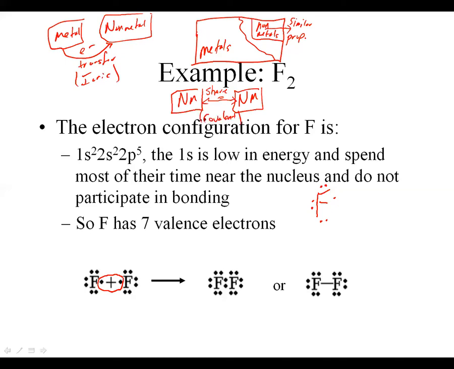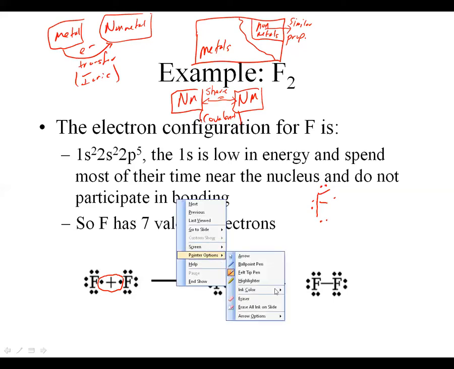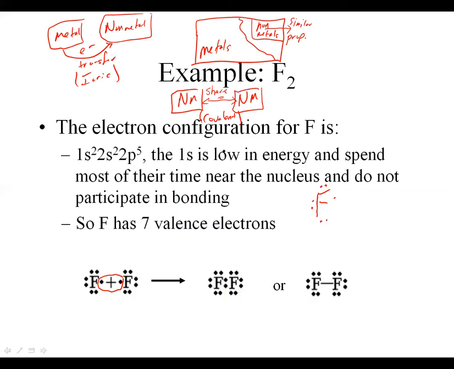So that's why there is some aspect of sharing when we do get two nonmetals together, because they have very, very similar periodic trends, and nonmetals typically want to hang on to their electrons, so they will share them rather than getting that transfer of electrons like we see in the ionic bond. But the end result here is the same.